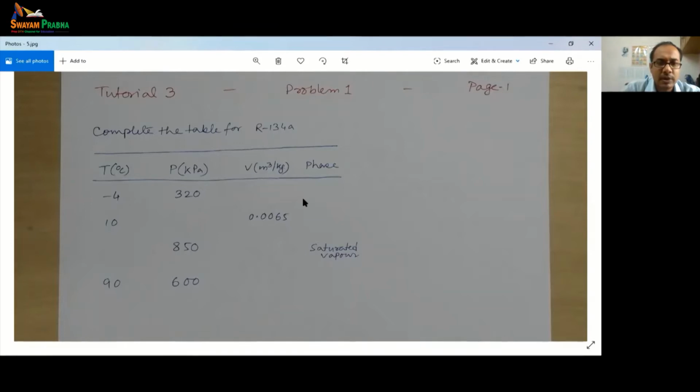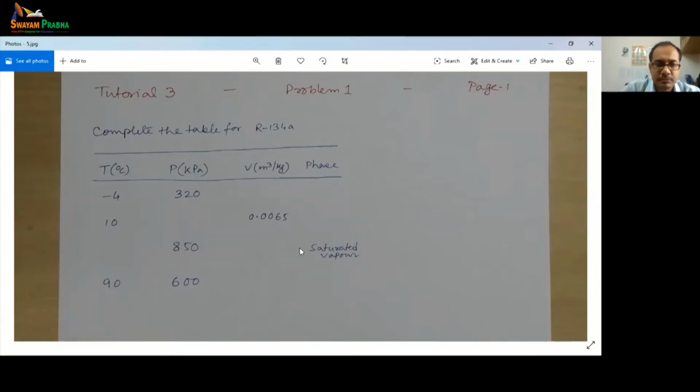For any row, 2 properties are given. For example, in the first row the temperature and pressure are given, and you have to find the specific volume and the phase for that temperature and pressure.